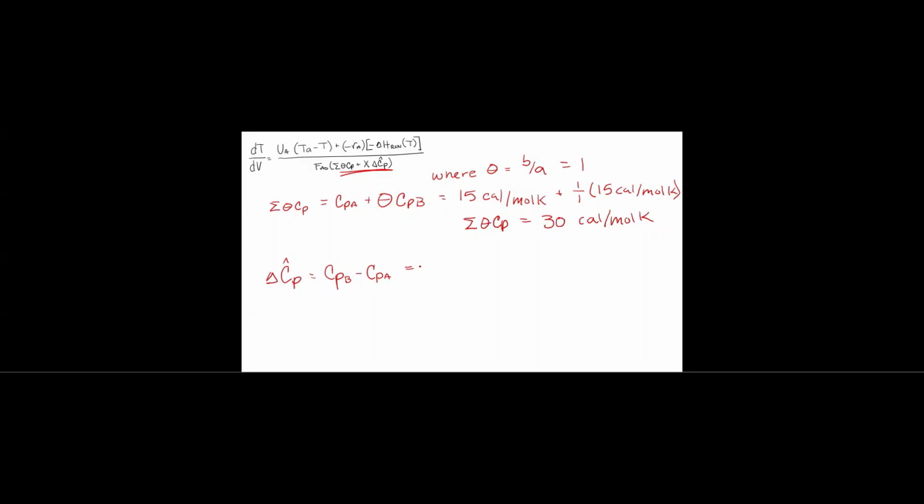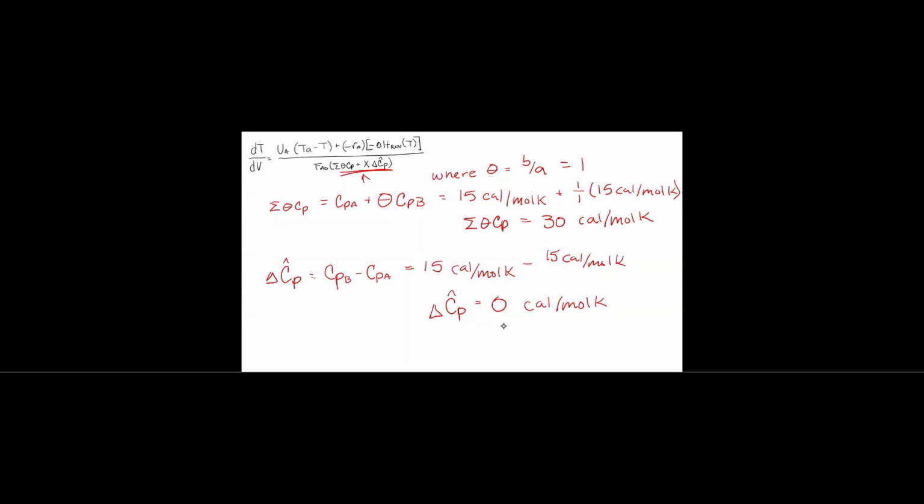So that is simply going to equal 15 calories per mole Kelvin minus 15 calories per mole Kelvin. Those are both given as stated above. So that leaves us with our delta Cp hat equal to 0. So we ignored our conversion X there. As you can see now, it will cancel out as it is multiplied by 0.